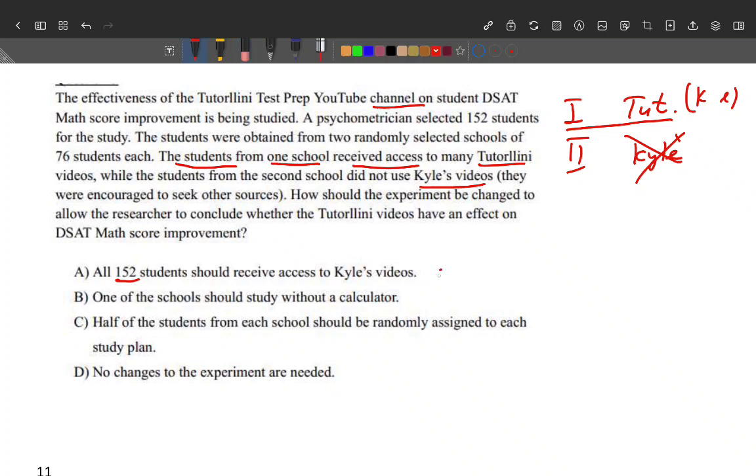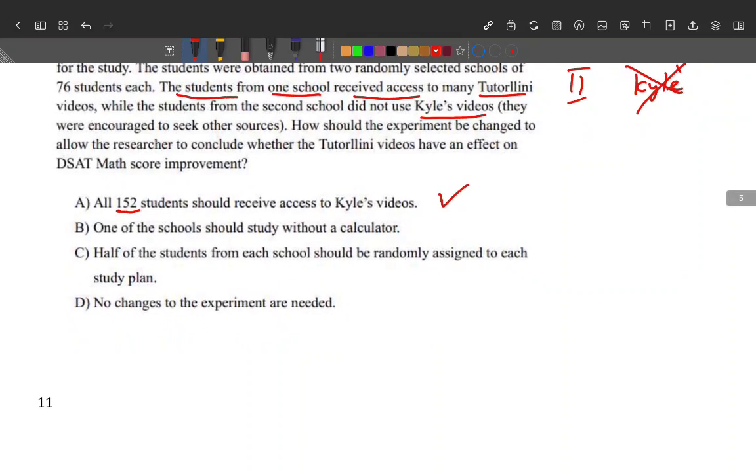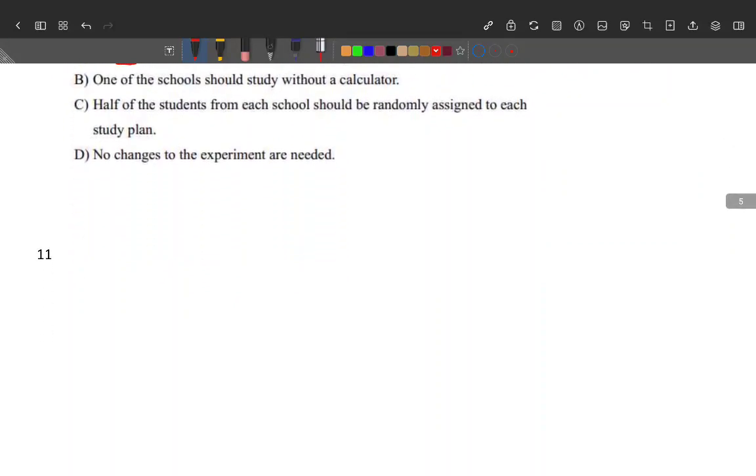The answer A gives this effect. By this way we can remove the effect of Kylie's videos. And if you read the other options, you can easily say they are not so true. It was easy, I think, because other variants you can conclude by reading it.